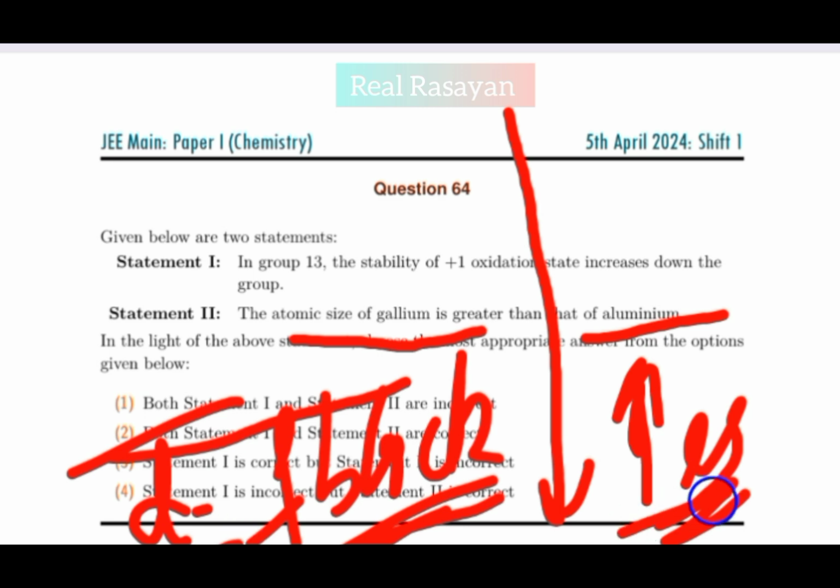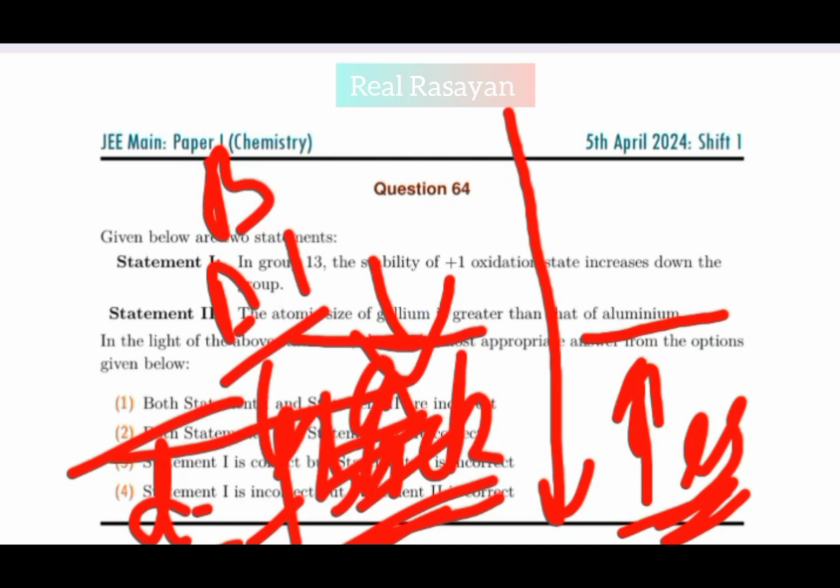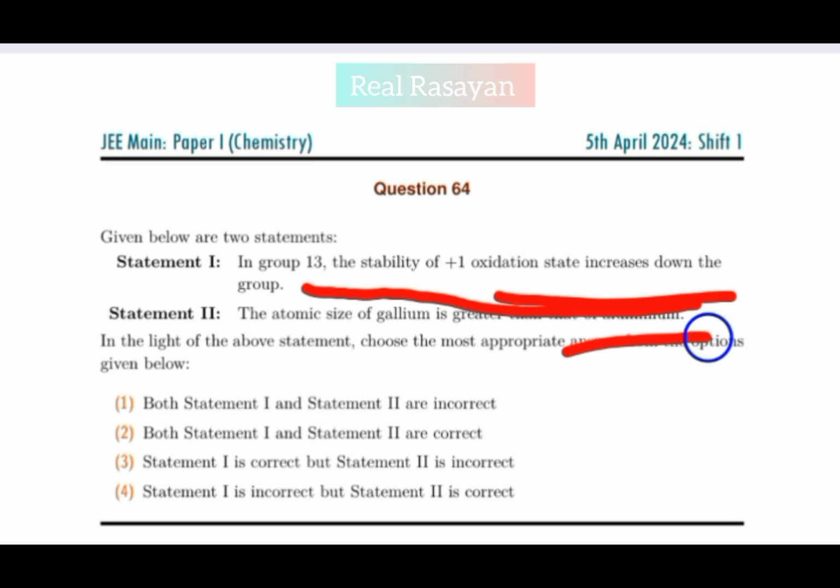So it will not be possible that after boron and aluminium the size of the elements increases. So the size of gallium is not larger than aluminium. So the second statement is not correct. So the answer will be first statement is correct and second statement is incorrect. So it will be the answer number 3.